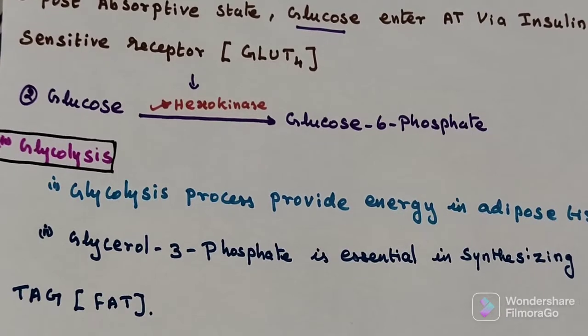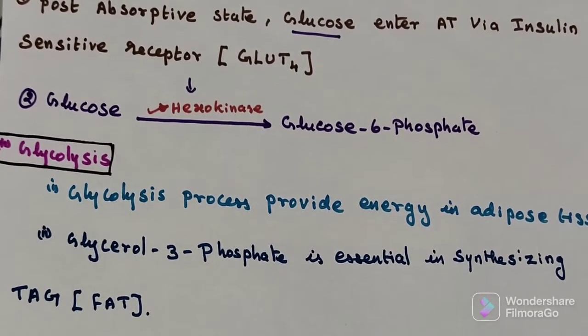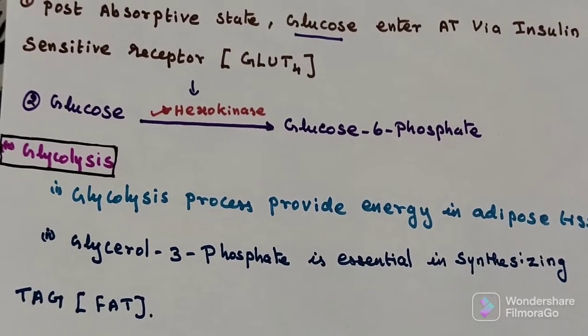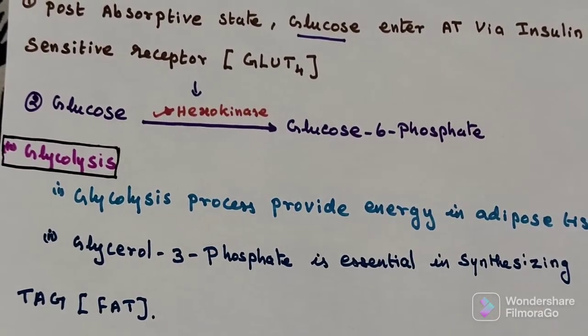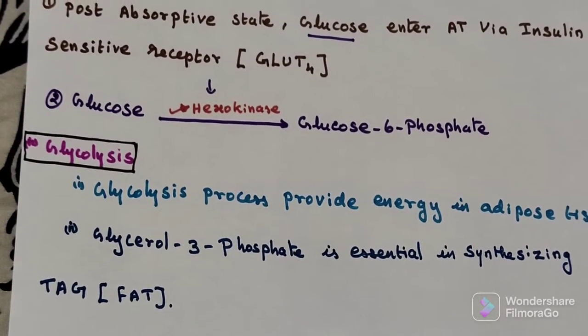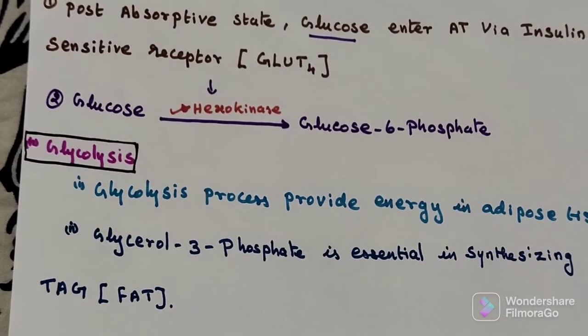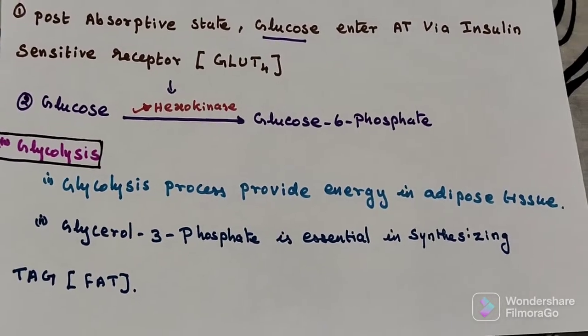In adipose tissue, the purpose is slightly different. One of the intermediates of glycolysis, glycerol 3-phosphate, is essential in synthesizing triacylglycerol, which we call fat.